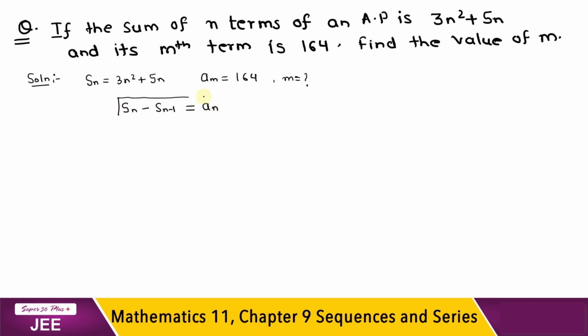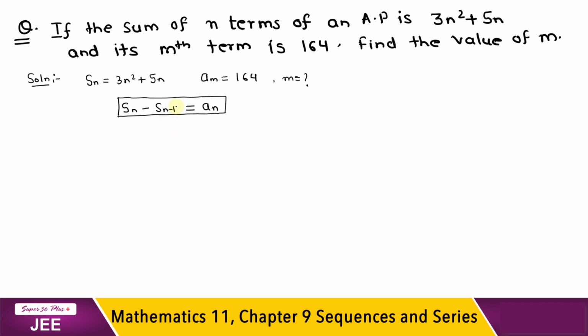always, and this is valid for each and every sequence, even if it is not an AP, even if it is not a GP, because Sn represents the sum of n terms and Sn minus 1 represents the sum of n minus 1 terms.